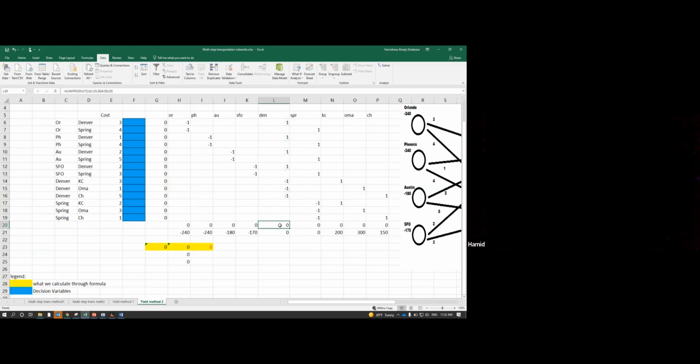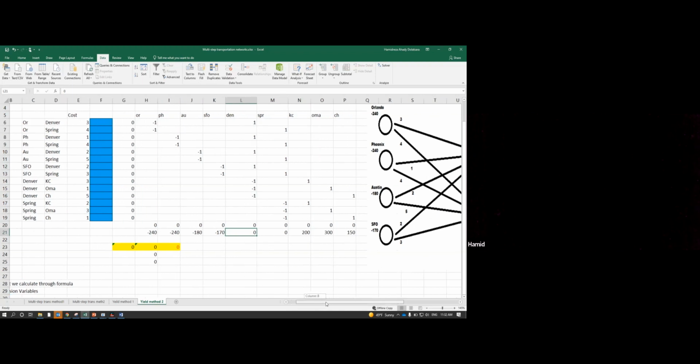So this cell, which is 0 now because decision variables are 0, refers to how many come in and out. The summation should be 0, and I relate it with this 0 because I don't want to store anything in my warehouse. Everything that comes in should go out.